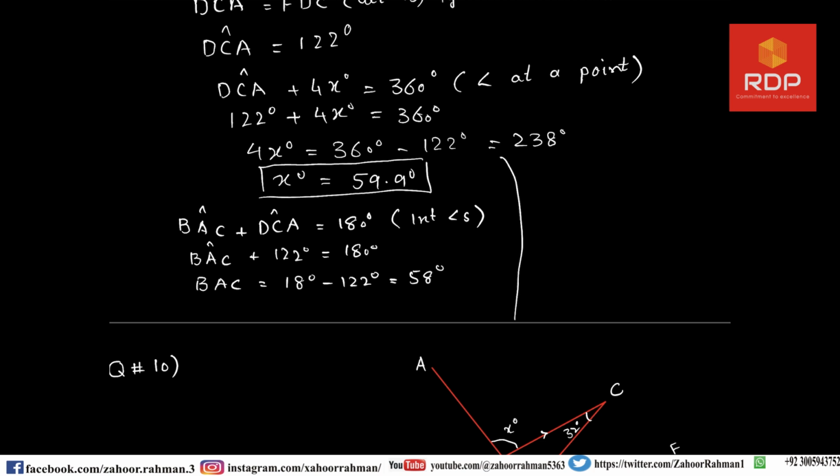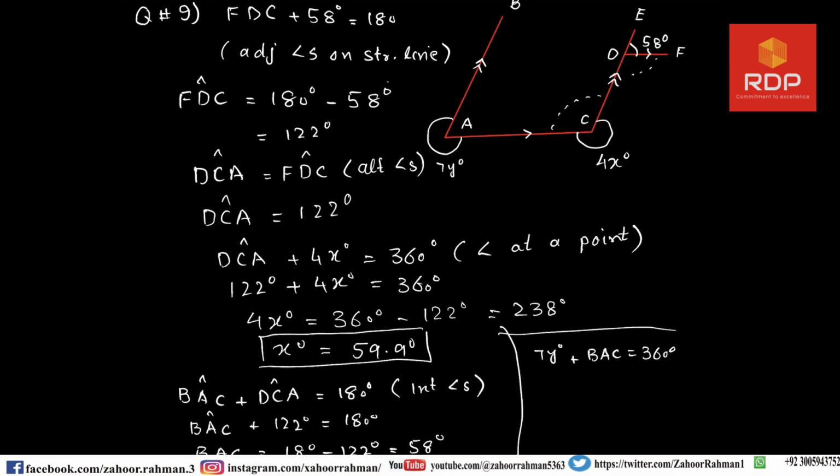Now, ladies and gentlemen, let us solve the other part in this portion. We can say that 7y degrees plus BAC is equal to 360 degrees. Now, ladies and gentlemen, BAC plus DCA, this and this, they are the interior angles, and I wrote this portion.